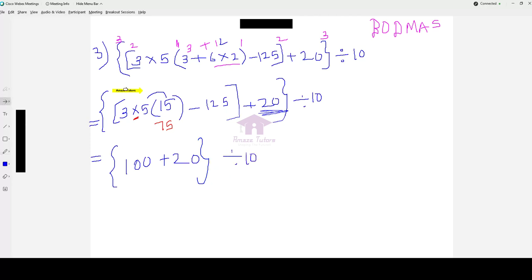So let me repeat it. What we did initially, we did the innermost bracket first. Among the addition and multiplication, multiplication is to be done first. That is why 2 sixes are 12. 12 plus 3, 15. Now 5 is outside the bracket, which is multiplication. 3 also there. 3 times 5 times 15 minus 125.